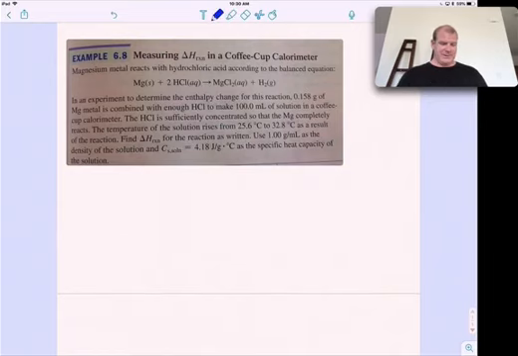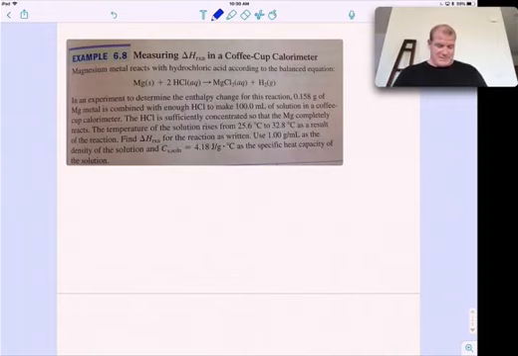So magnesium metal reacts with hydrochloric acid by this equation. Determine the enthalpy change for the reaction of 0.158 grams of magnesium metal to make 100 milliliters of solution. HCl is sufficiently concentrated, so the magnesium is the limiting reagent and completely reacts.